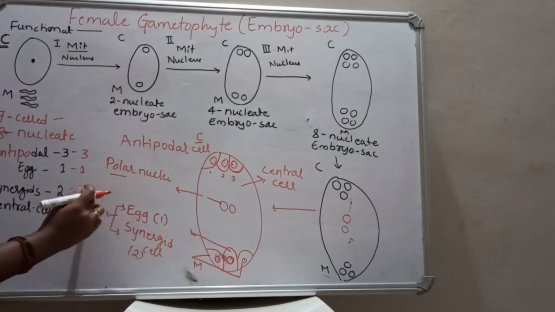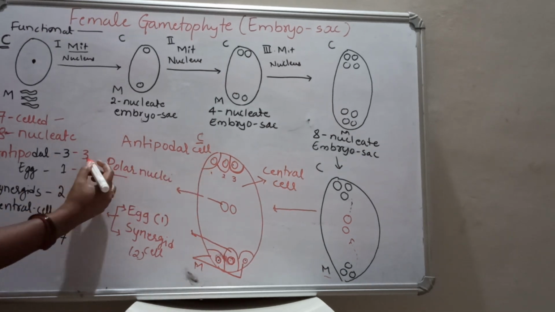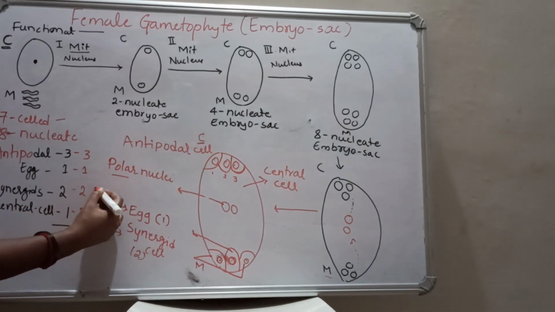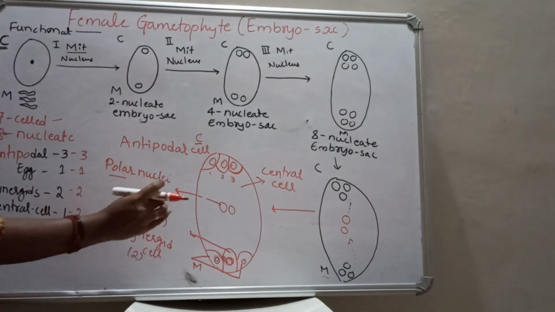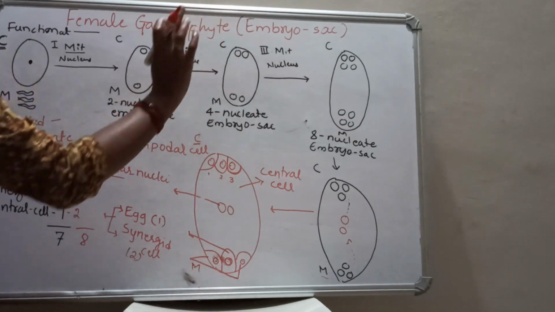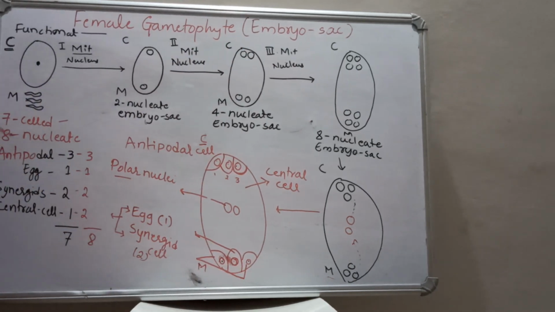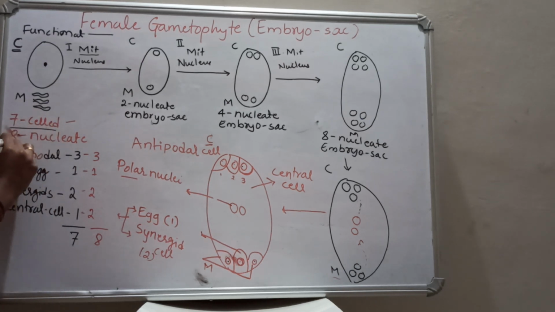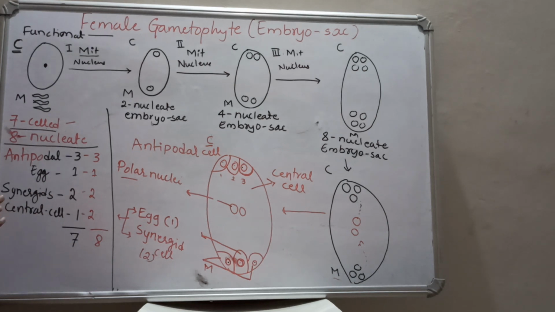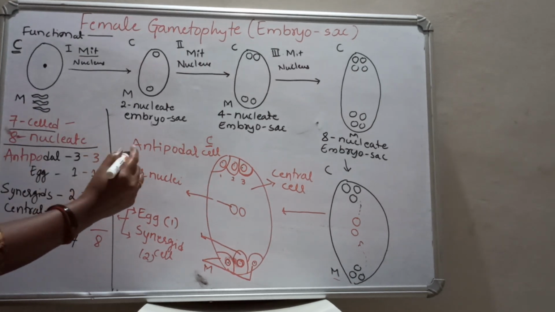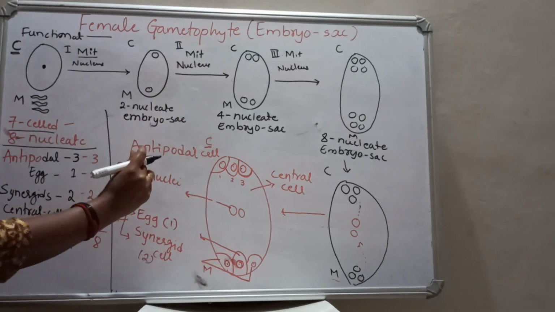Now, how many nuclei are present in this embryo sac? 3, 4, 5, 6, 7, 8. Totally 8 nuclei are present in the embryo sac. That's why this stage is called the 7-celled 8-nucleate stage.